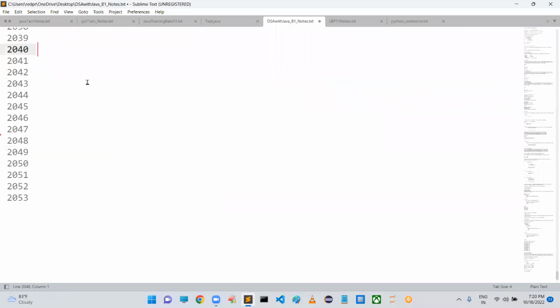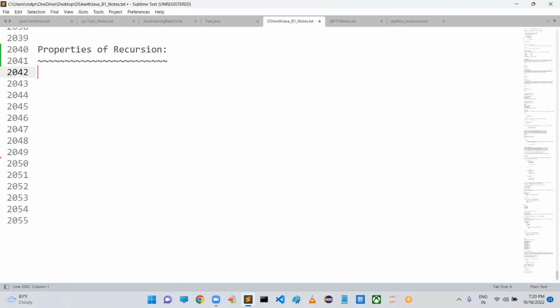In today's session, I'm going to talk about a few more theory concepts, then I will go with the programs related to recursion. The first one is the properties of recursion. If I want to prepare any recursive application, what properties do we have to follow?